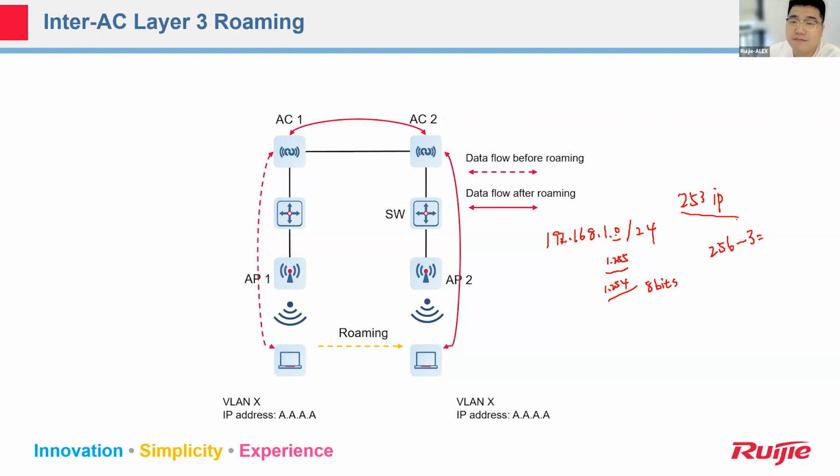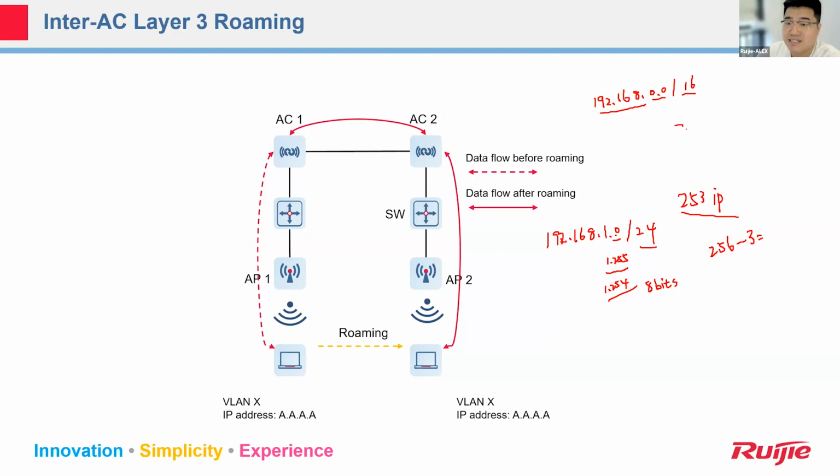And if you want to have more IP addresses in this subnet, you can make the mask length shorter. For example, 192.168.0.0/16. 16 means the first 16 bits is the network address, and the last 16 bits is the host address.